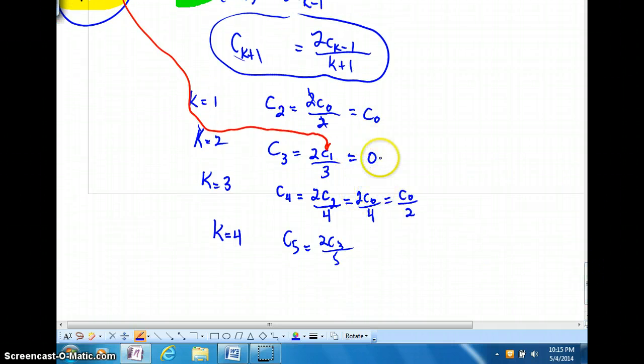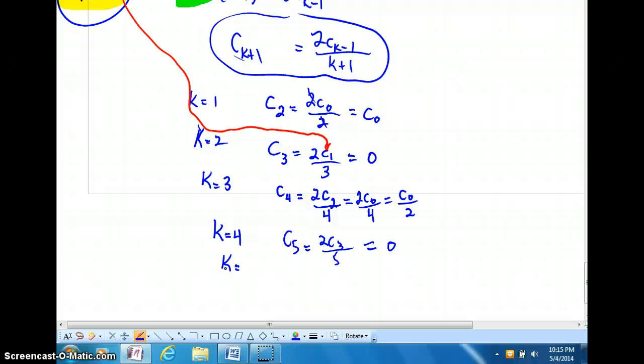But c sub 3, look in our list up above, that's 0. In fact, what you're going to notice, if you're really going to think about this, we're going to be generating zeros every time we're going to refer back to an odd subscript. When we're going to have a c sub 3 or a c sub 5, you can see where we're going with that.